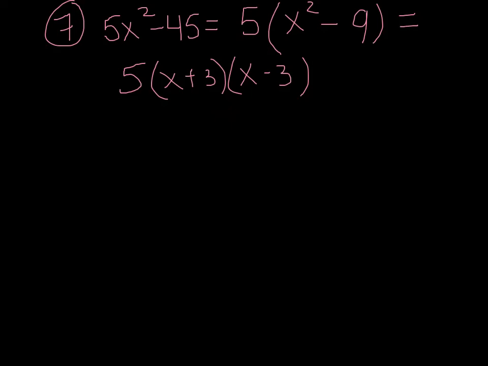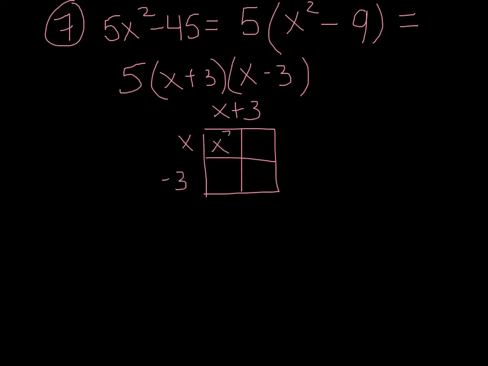So now to check that I have the correct factorization, I'll first multiply out the binomials. And so we have x plus 3 times x minus 3. And we get x squared, 3x, negative 3x, and negative 9.